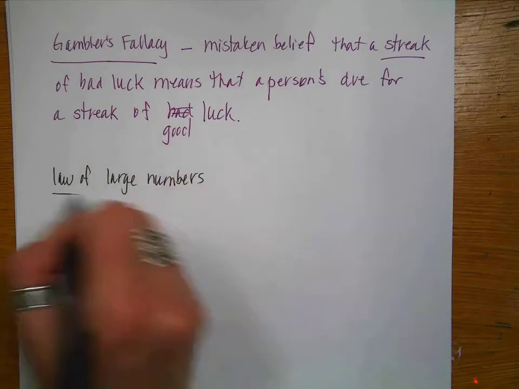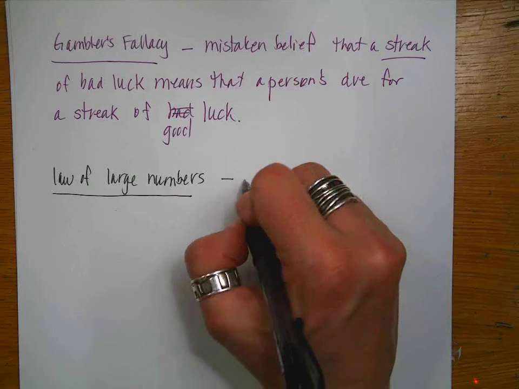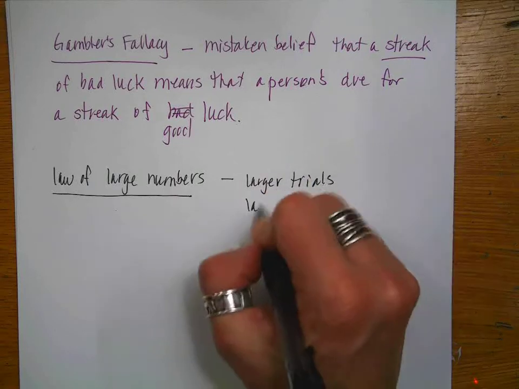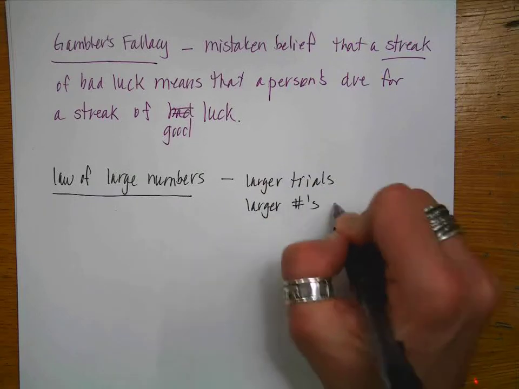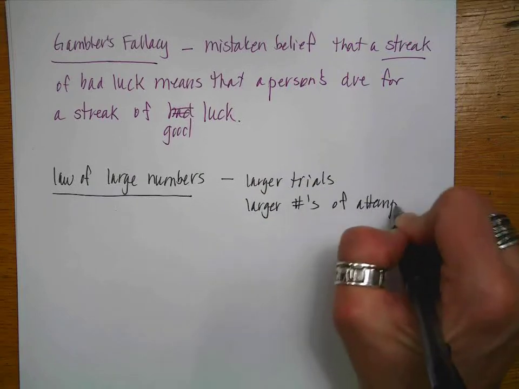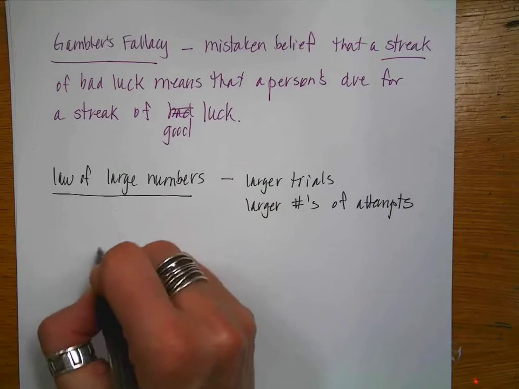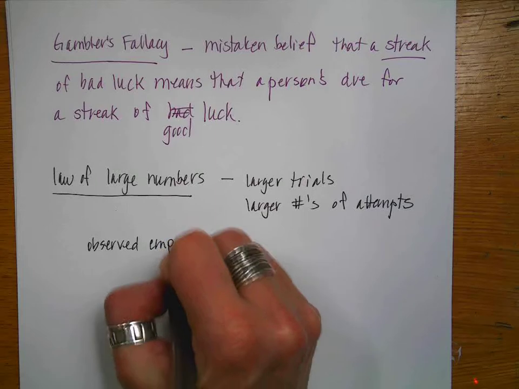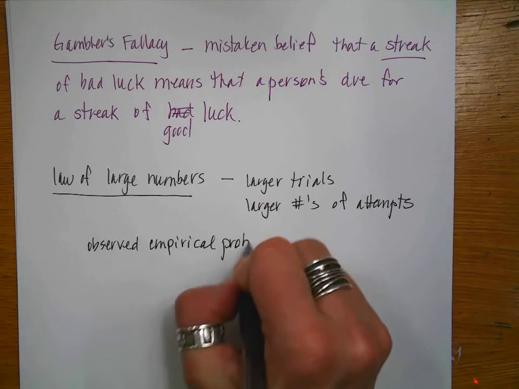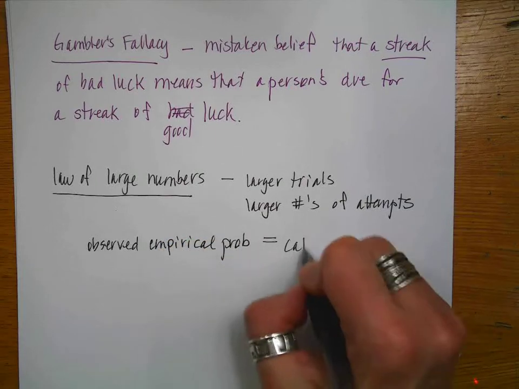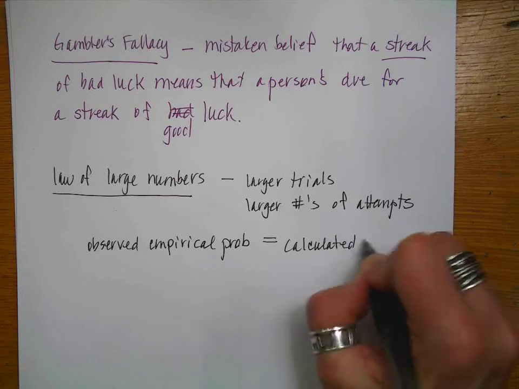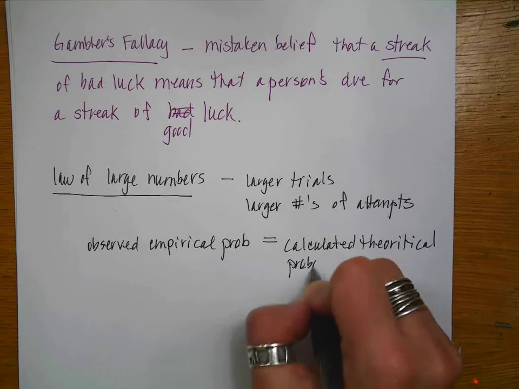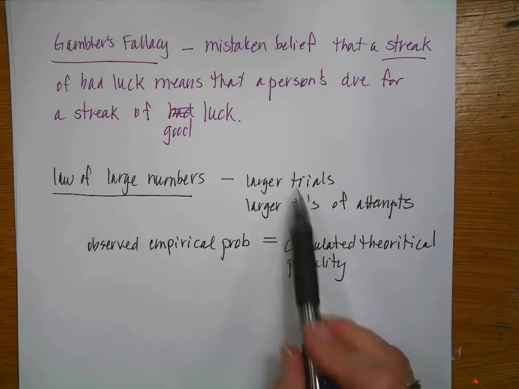So the law of large numbers basically means that when I have larger trials, meaning larger numbers of attempts, the observed empirical probability is going to basically equal the calculated theoretical probability.